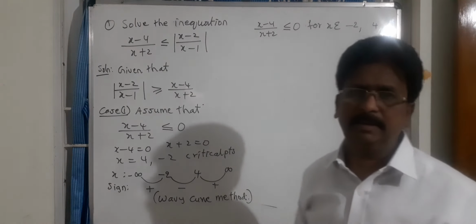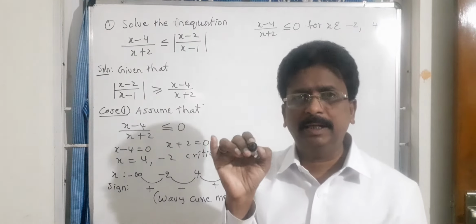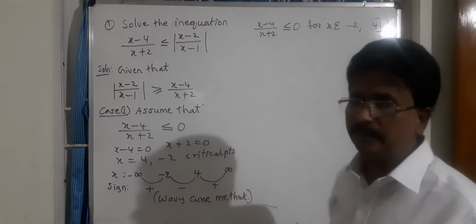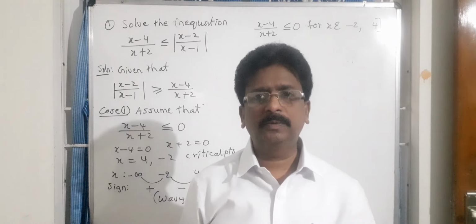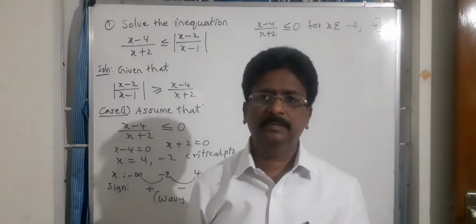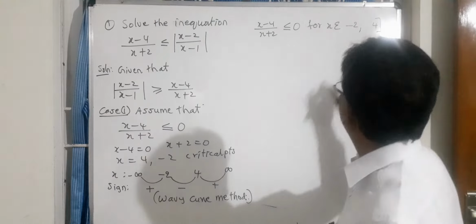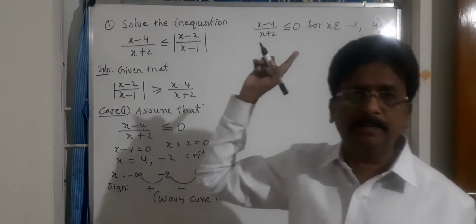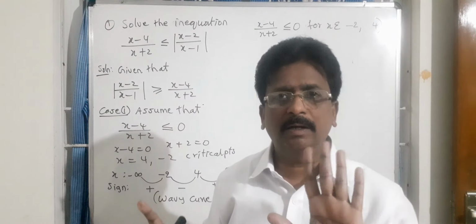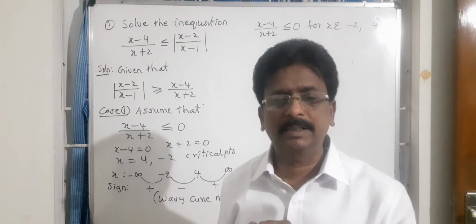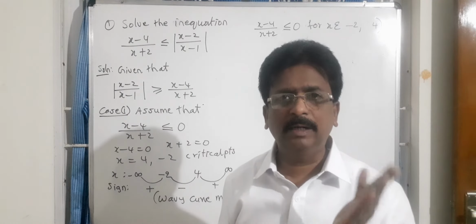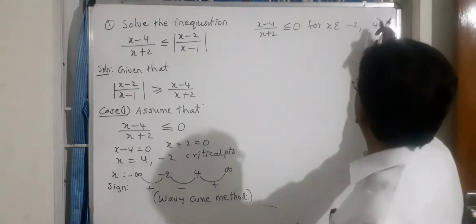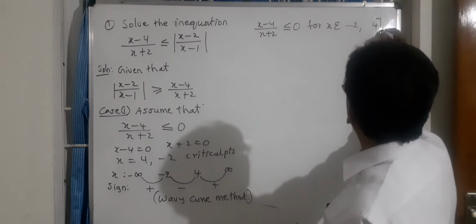How to show it? By the square bracket we can show it. If you put the square bracket, that means 4 is also a value of x. If you put the open bracket like that, the 4 is not included for the values of x. But here we want to include the 4, therefore the square bracket must be mentioned.